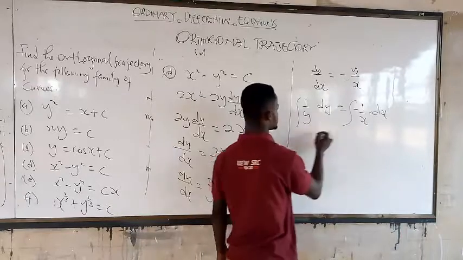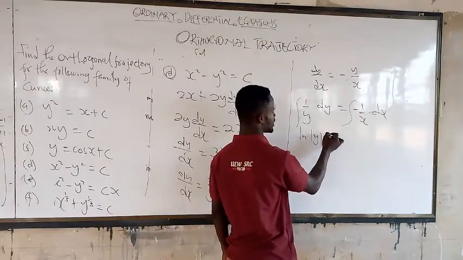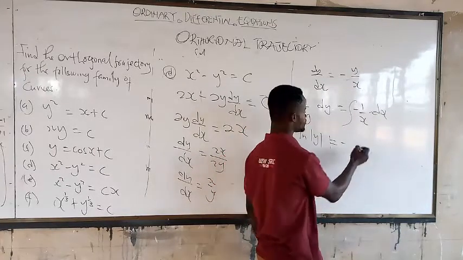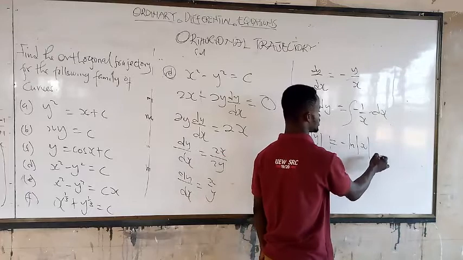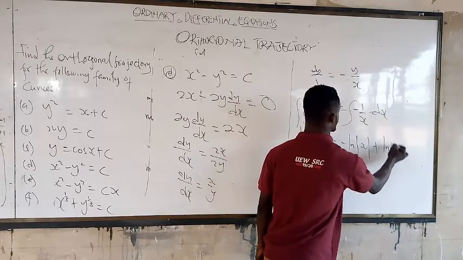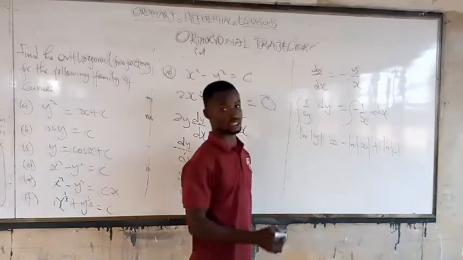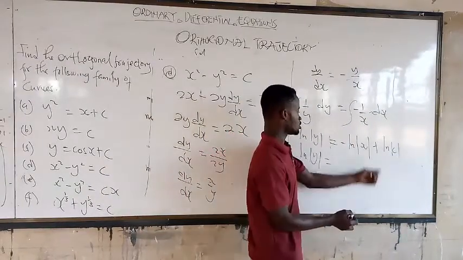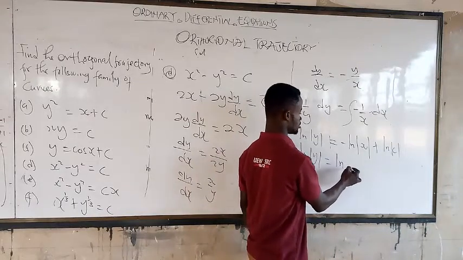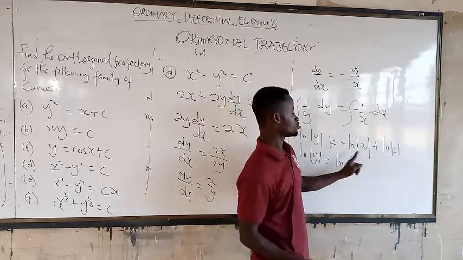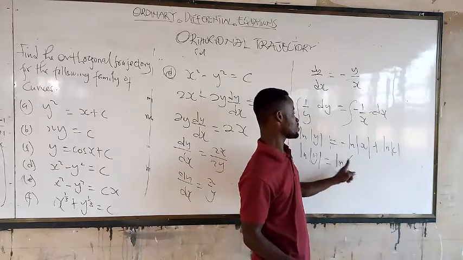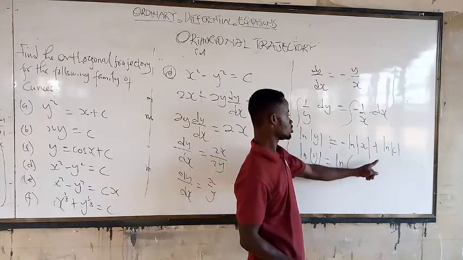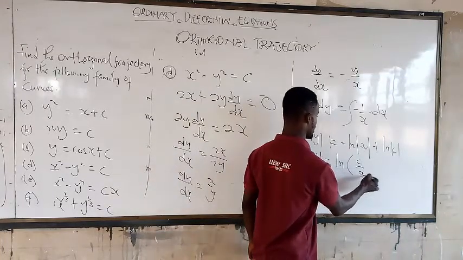And when you integrate those, you get ln y is equal to negative ln s plus ln c. You know why I'm making it ln c? So ln y is equal to ln c minus ln s, and you will get c over s.